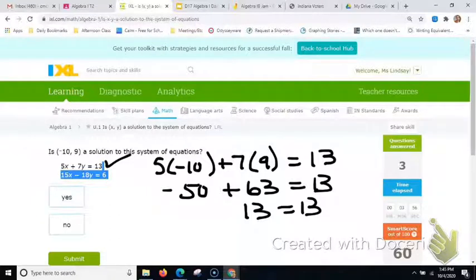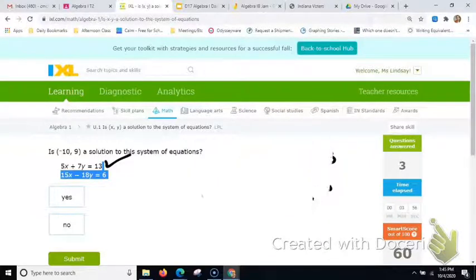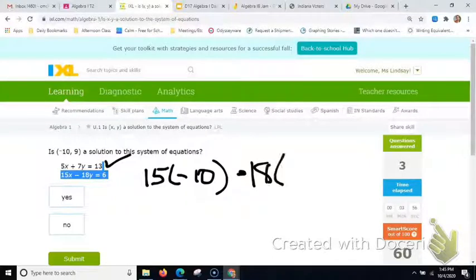Then I'm going to try the second one, and while I'm erasing here, I would just be clearing my calculator and trying again. So the second one, 15 times negative 10 minus 18 times 9, and I want to know, is that going to equal 6?